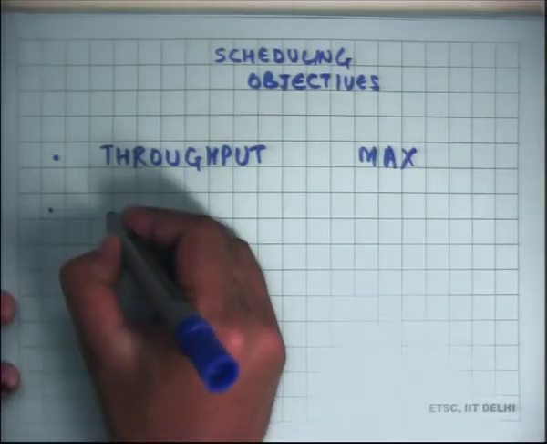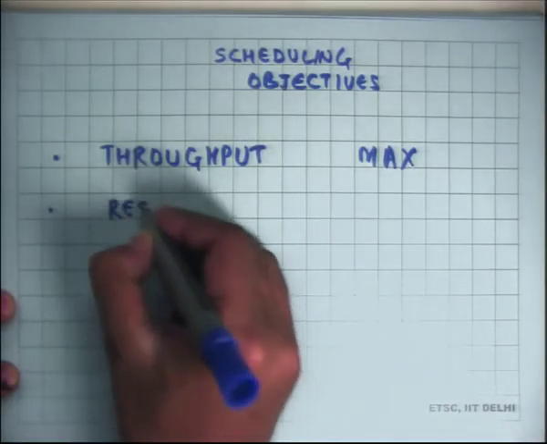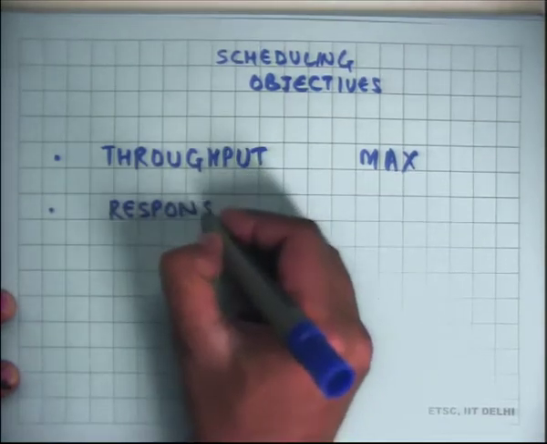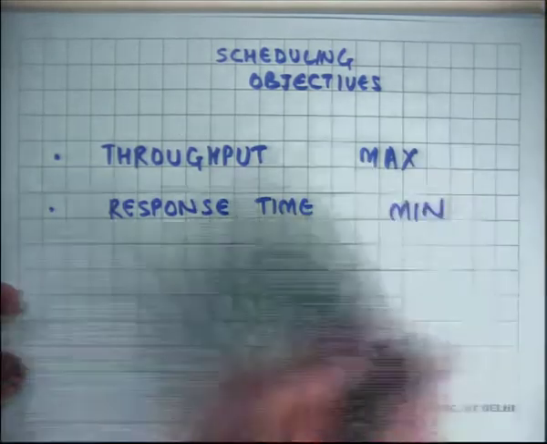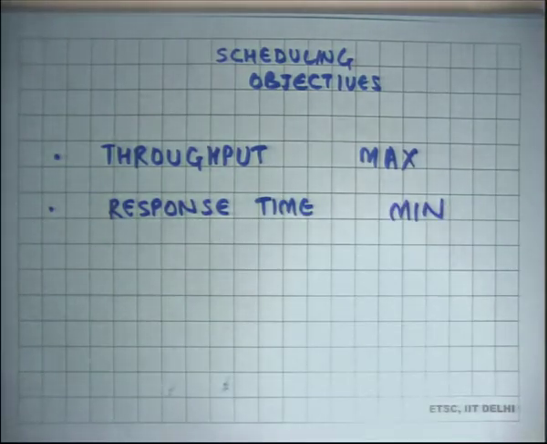The other thing is to minimize response time. This means that if something needs to respond to something, so if there is an input-output operation, then that response should be as fast as possible.